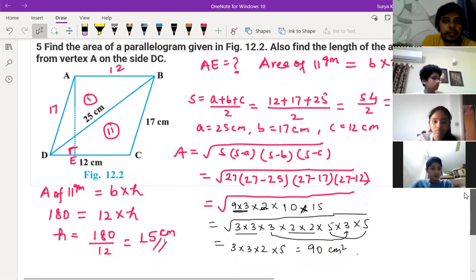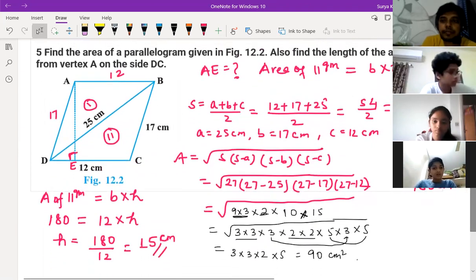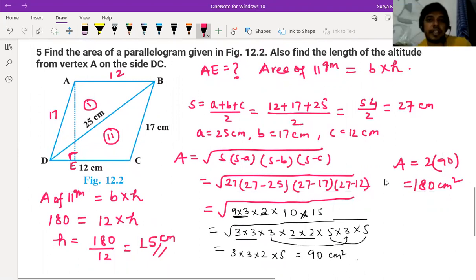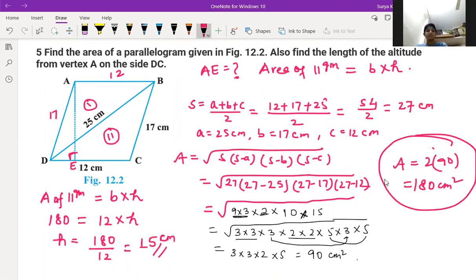Sure, sir. Tell me your doubts. Sir, we cannot find the area of the parallelogram as we do not know the height. See, only now we got the height. Here we got the area of the parallelogram, right? So this value only we are putting over here.